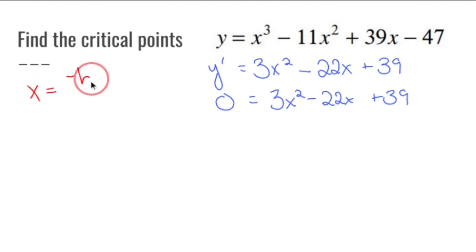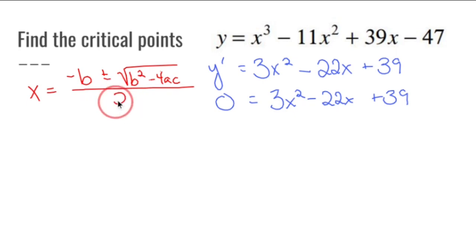So I'm going to use the good old quadratic formula. X equals negative b plus or minus the square root of b squared minus 4ac all over 2 times a. So x equals negative, so here's my a, negative 22 is my b, and 39 is my c.